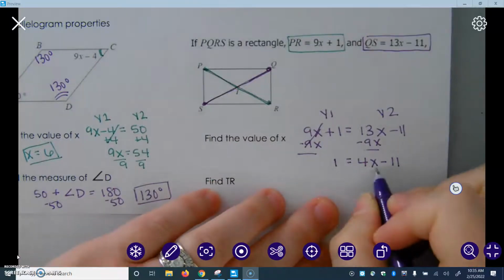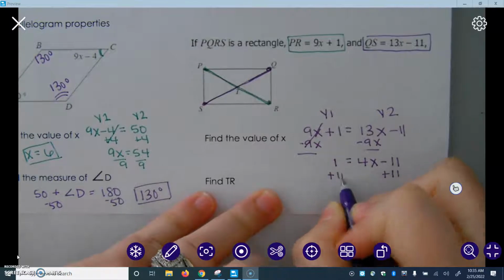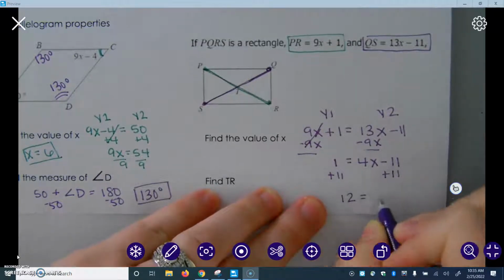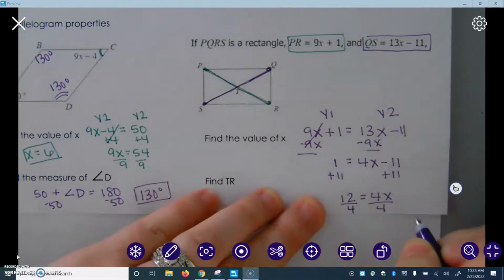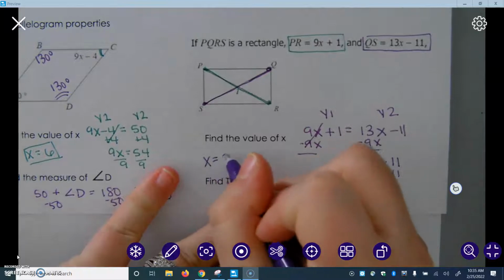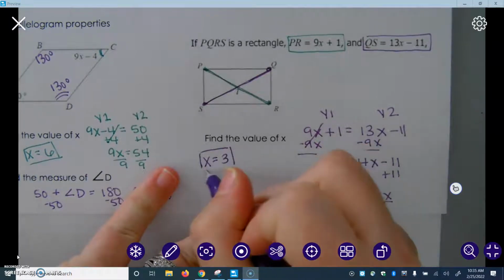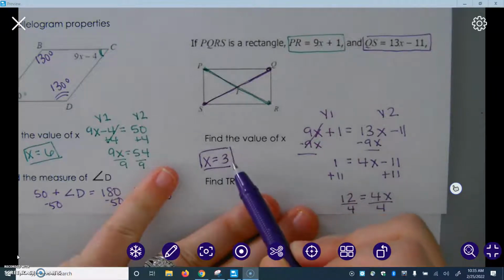So now I always want to get rid of the stuff that's on the same side as my x. I'm going to add 11 to both sides. 1 plus 11 is 12, and divide by the number in front of x. So 12 divided by 4 is 3. And if you do second trace 5, enter, enter, enter, you should get intersection x equals 3.